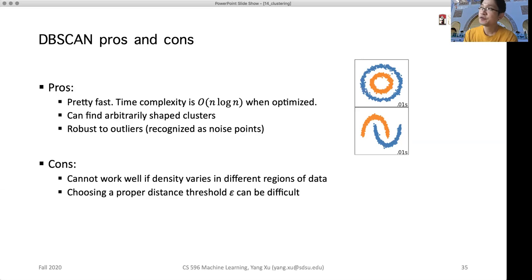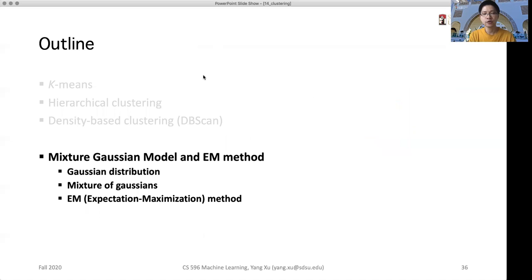That is useful when we want to make very clear distinctions between data points in different clusters, but its disadvantage is that it allows less ambiguity. Sometimes ambiguity is something we want, because each data point can belong to different categories, just with different probabilities. That's something we will talk about in the mixture Gaussian model in the next lecture after the Thanksgiving break.